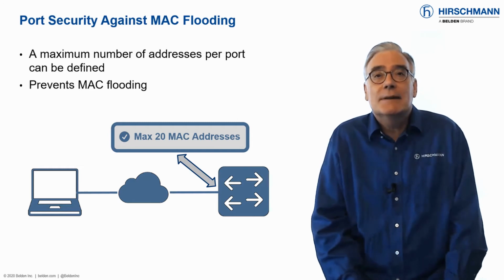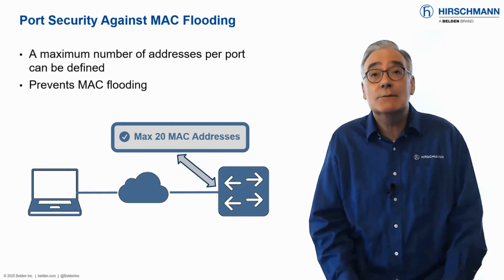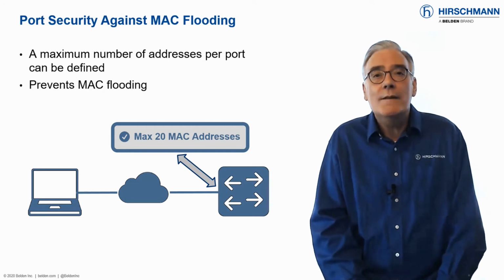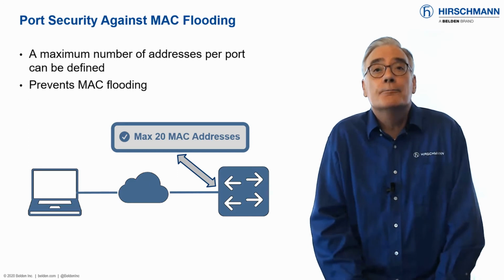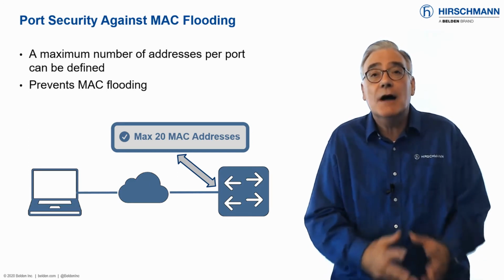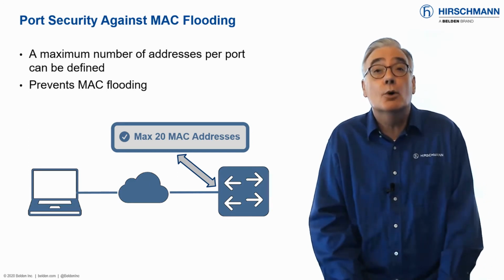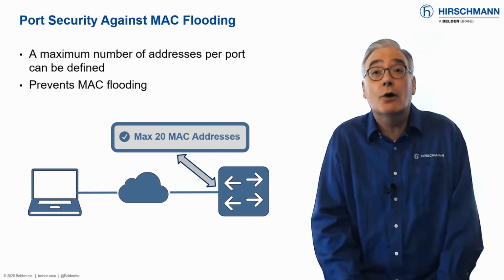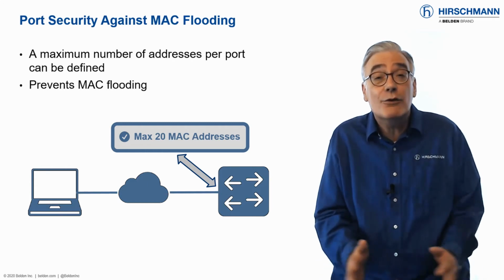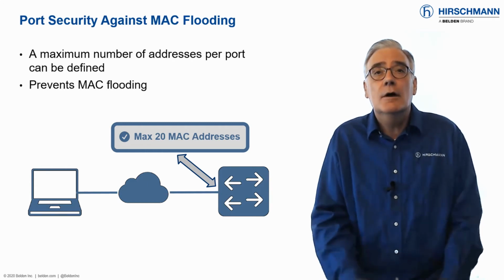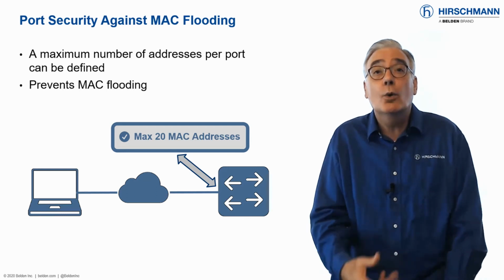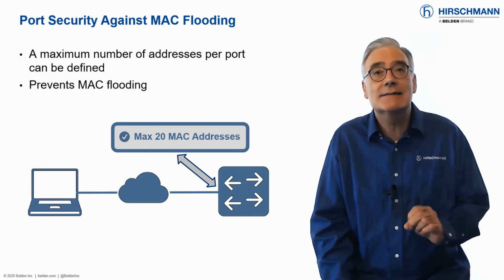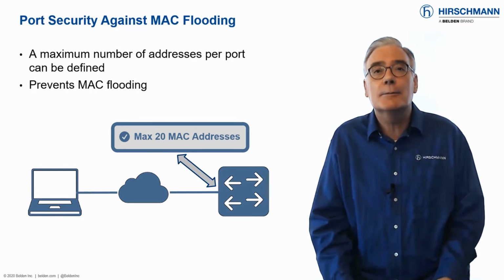This is done by transmitting a large number of data packets with different source addresses into the switch. When the learned address table is full, packets subsequently received are flooded to all other ports on a switch. This facilitates the interception of communication which is running through the switch. MAC flooding prevention can also be used to prevent DHCP starvation attacks, which we will cover later.